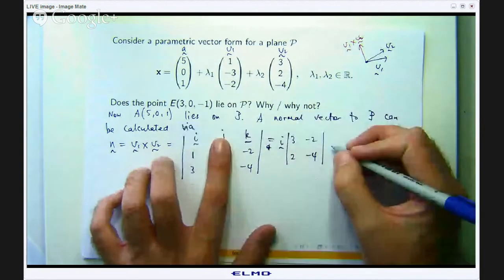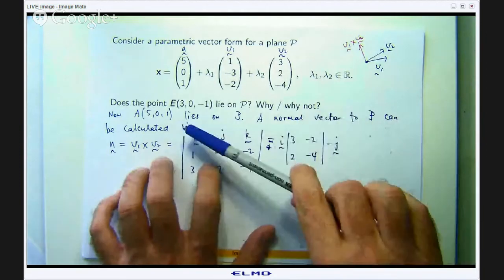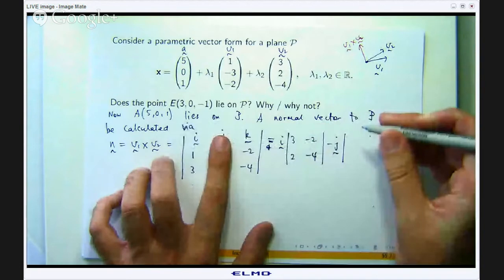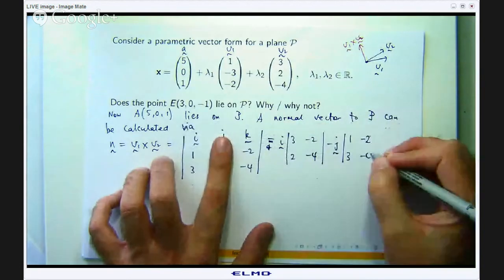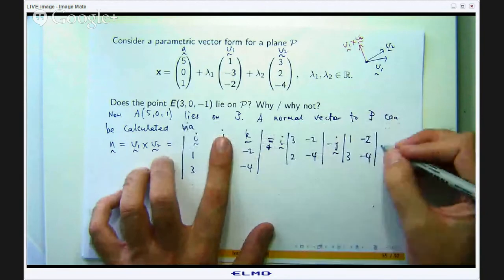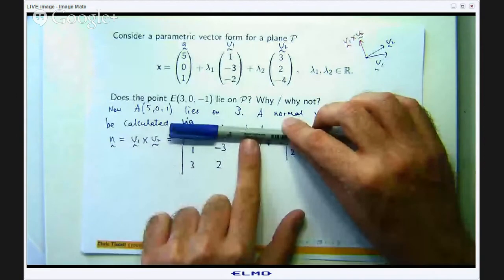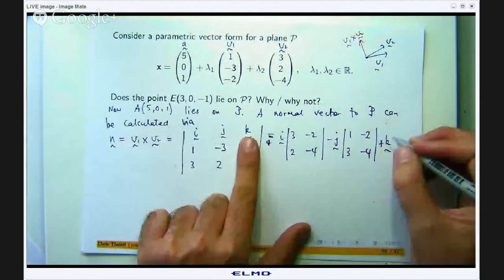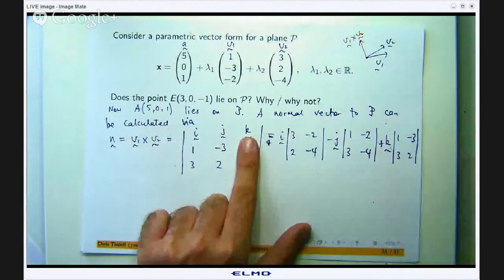Now you want to go to a minus sign here. With determinants, you go positive, negative, positive along the top row. Okay, 1, -2, 3, -4, and let's see if I can squish the last one in. So k is in that row and that column, so multiply k by the determinant of what's left. Okay, just squeeze it in.